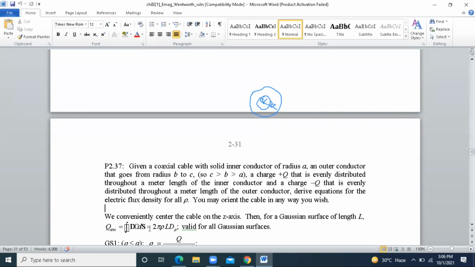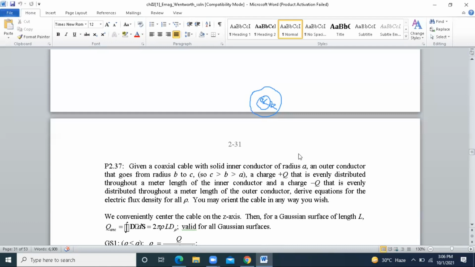Right? So define your Gaussian surface. It's a cylinder, so it's on the surface of the cylinder. It's 2 pi r times L. That's the surface area.